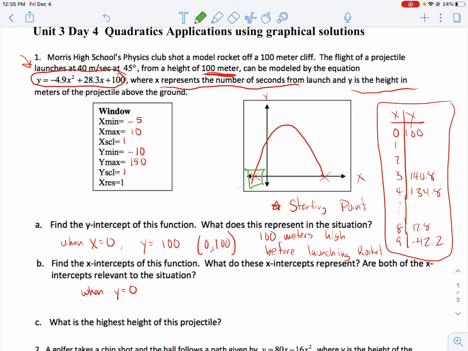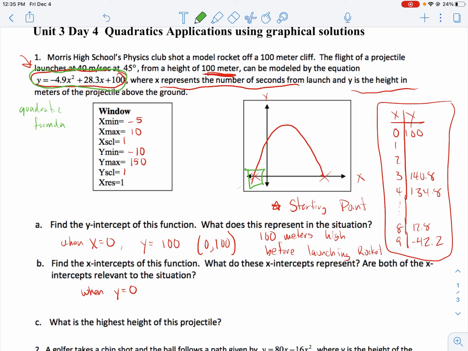So in order to find these, there's a couple ways we could go about it. We could take this and use the quadratic formula. We certainly could do that. But the whole purpose of this lesson is to utilize your calculator so that we don't have to do that.